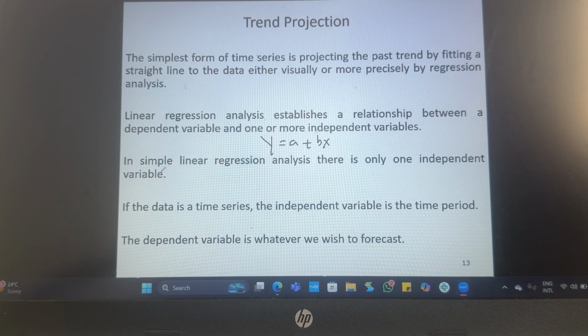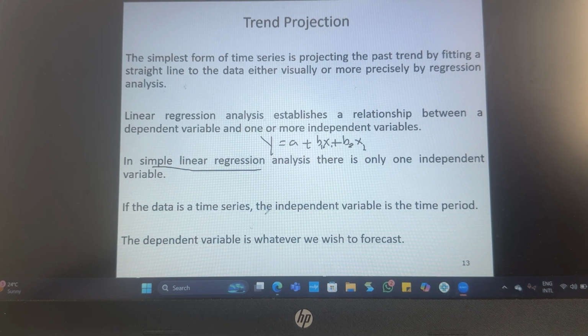This is called simple linear regression because there is one independent variable. If there is more than one independent variable, this is called multiple regression. Now we have x1 and x2 as independent variables.